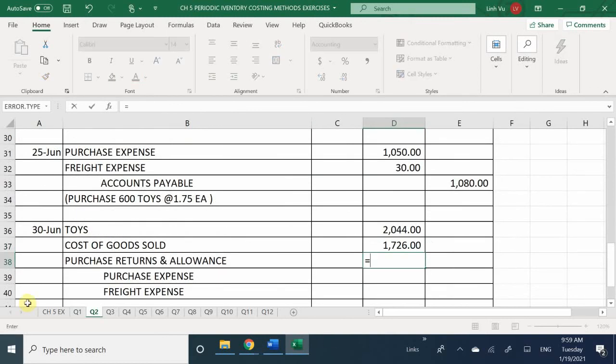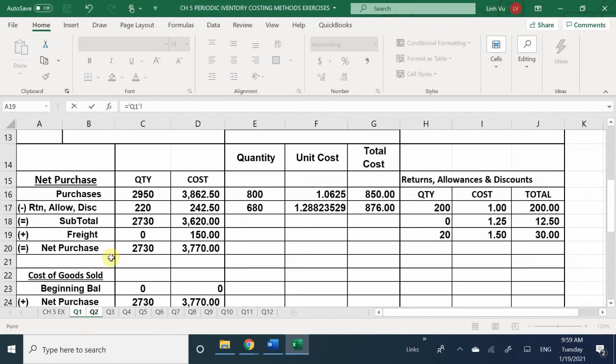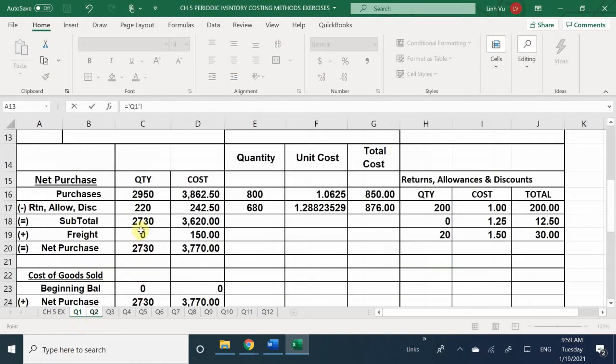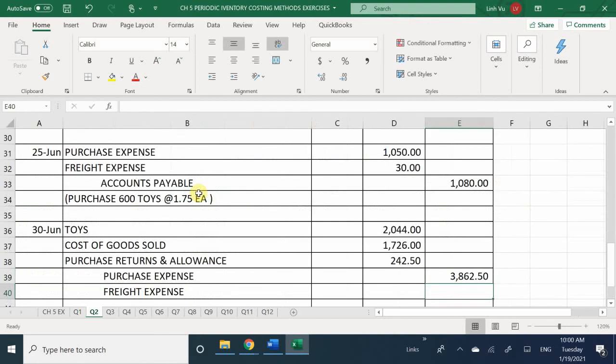What was my total purchase returns and allowances? $242.50. And then what was my total purchases? $37.70 is my total net purchases, including 38.62.50, right? My total net purchases that I originally purchased it with. And then how much was my freight?